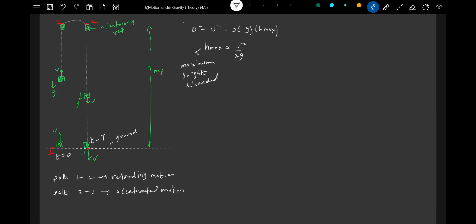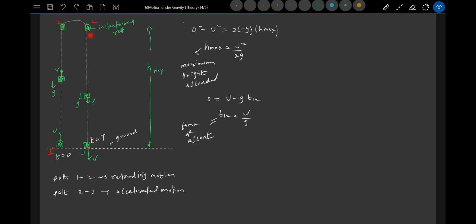What about the time taken to move from 1 to 2? 0 equals u minus g T12. What should I call T12? Time of ascent. From here, it is again going to fall the same height it has ascended.